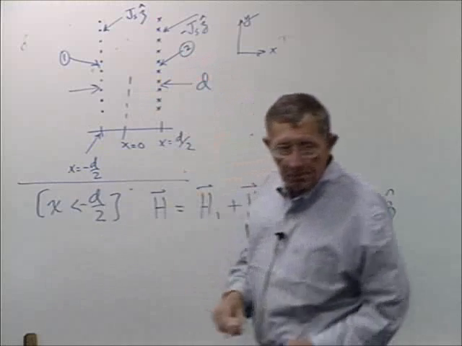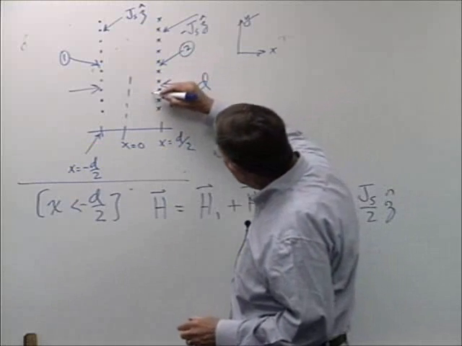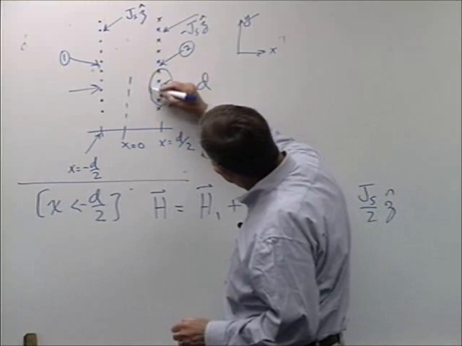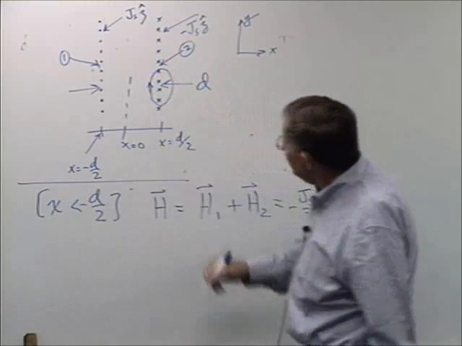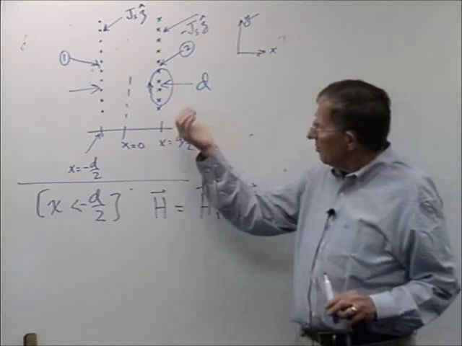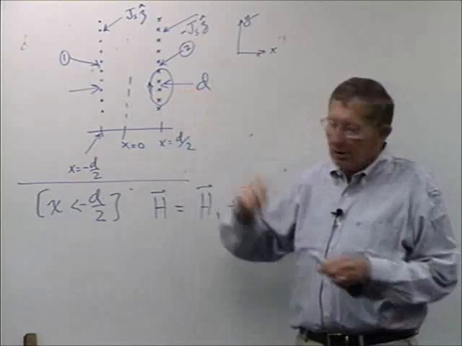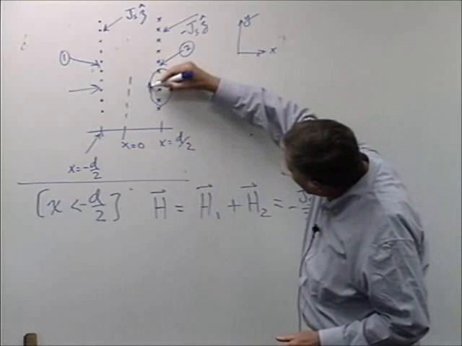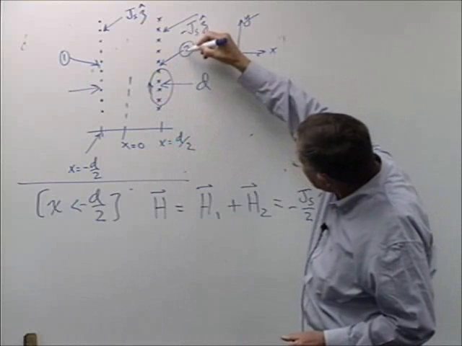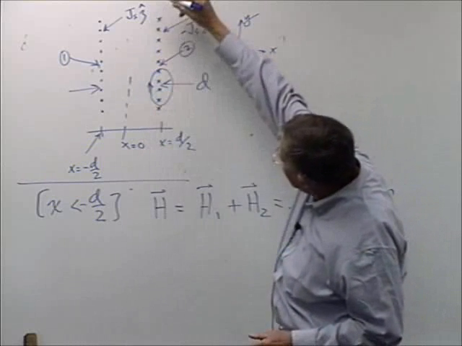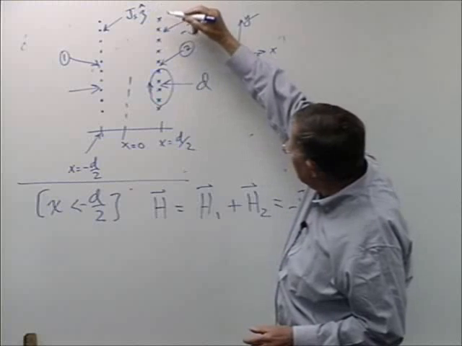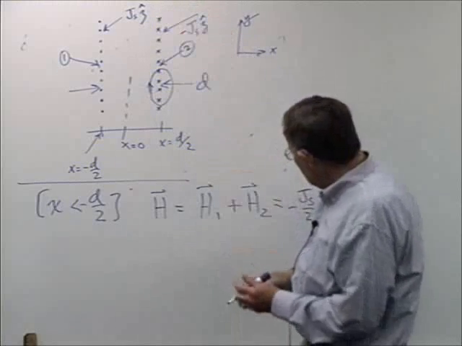Current's going into the board. The field circulates this way on that one because it's going into the board, thumb in the direction of the current. So the field to the left of sheet 2 is pointing in the y direction.